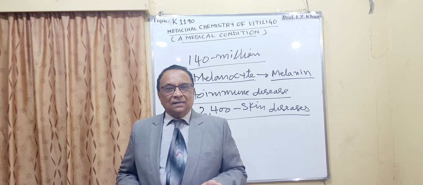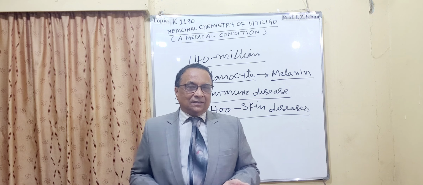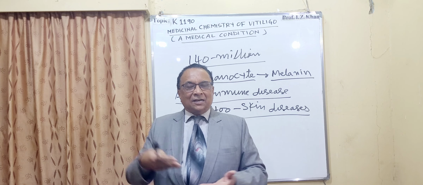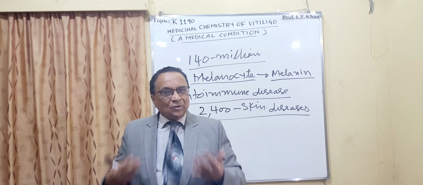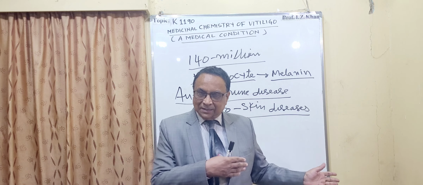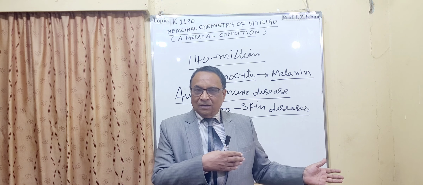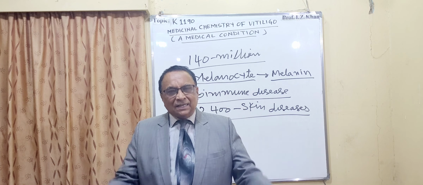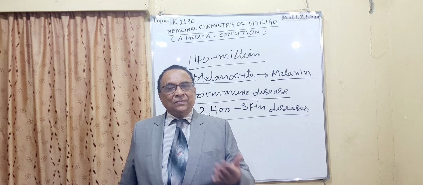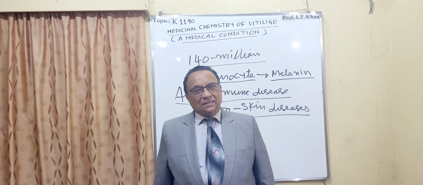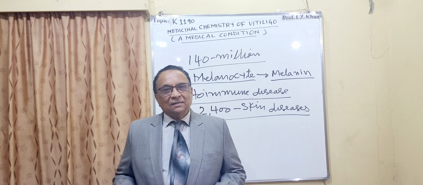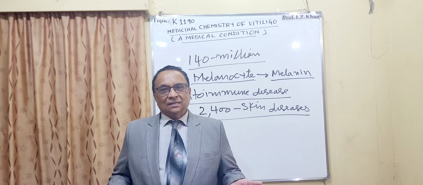The only thing is that his melanocyte cells are being damaged and attacked by your own immune system. That is called an autoimmune disease. And not only leukoderma or vitiligo, so many other diseases you suffer from are because of the autoimmune system. Rheumatoid arthritis, all these are autoimmune diseases.